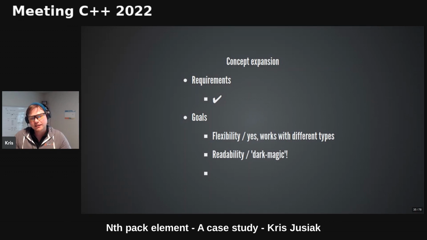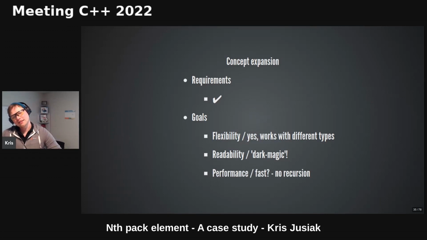Readability, well, I would claim a bit better than the previous solution. Still far into dark magic territory, I'd say. Is it faster or slower? Hard to say. It doesn't use recursion. Whether it's faster than the previous one, I think that would be interesting to answer.